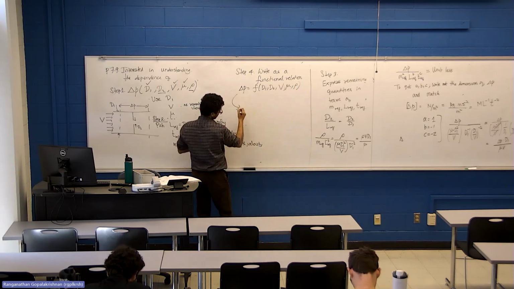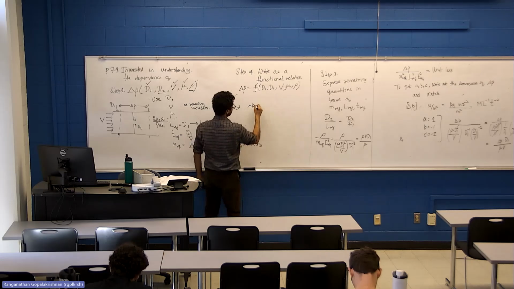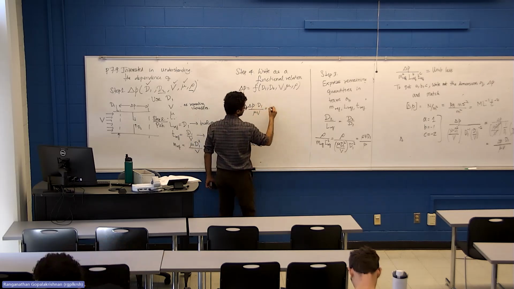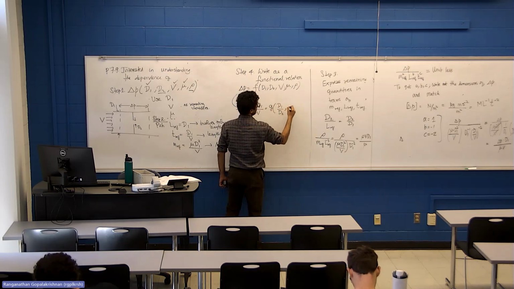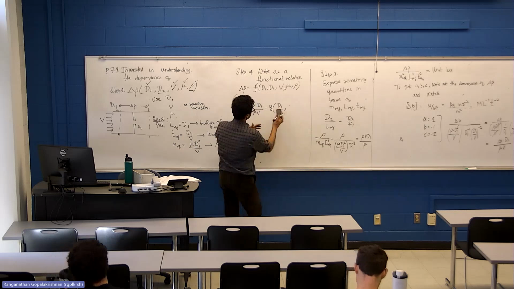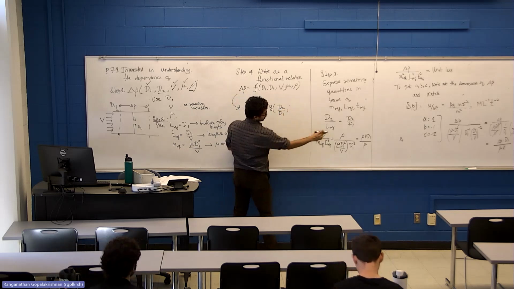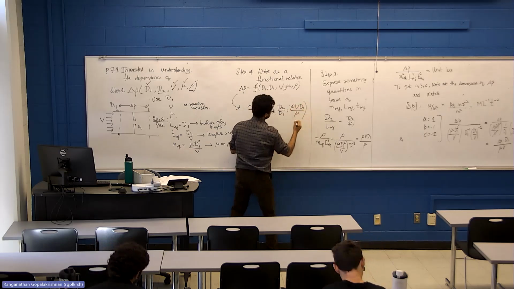What we have now transformed is delta P multiplied by D1 divided by mu V equal to a function of D2 over D1 and rho V D1 over mu.